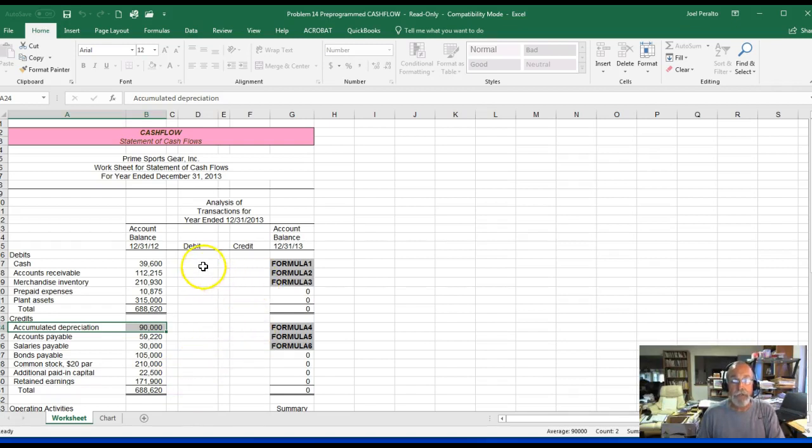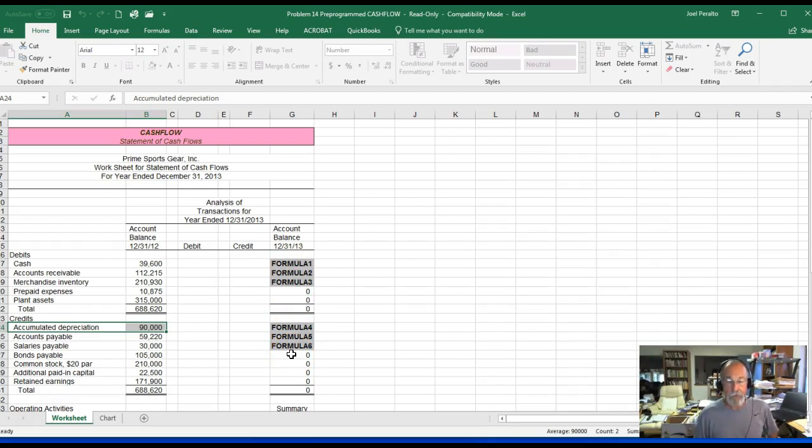We're setting it up in the format of a worksheet where we start with the 2012 balances. We have debit amounts and credit amounts to get to our 12/31/13 amounts or balances.